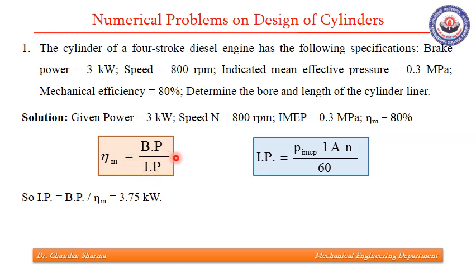So IP will be P_m L A N over 60, where A is the area of cylinder, which is given by pi by 4 D square, and N is the number of working strokes. Since this is a 4-stroke engine, that will be N by 2. So we'll find IP from here and we'll put IP in this equation. So the unknowns left will be length of stroke and area of cylinder.